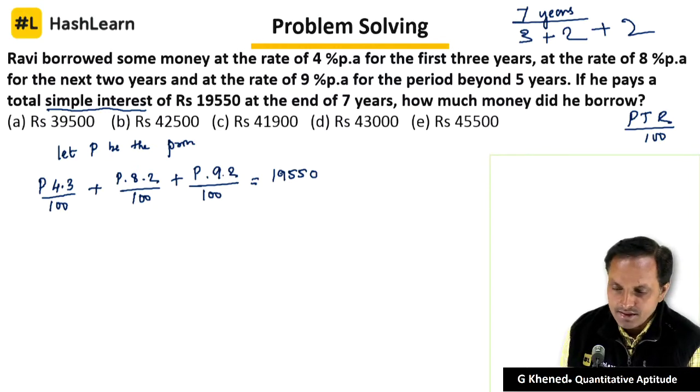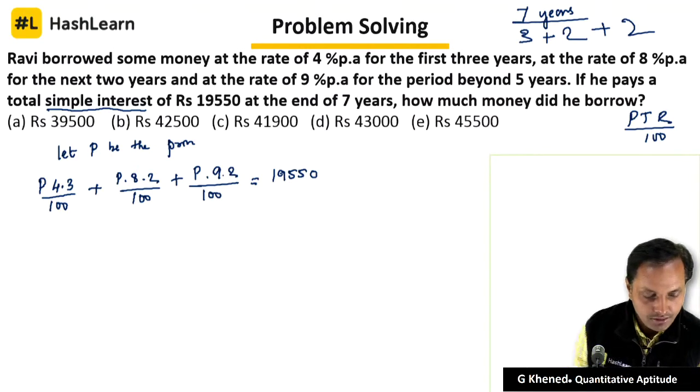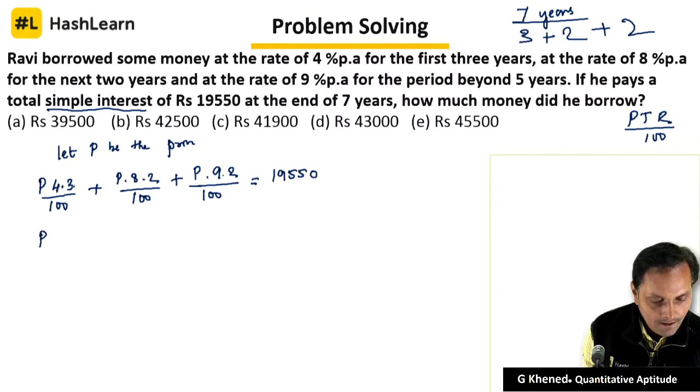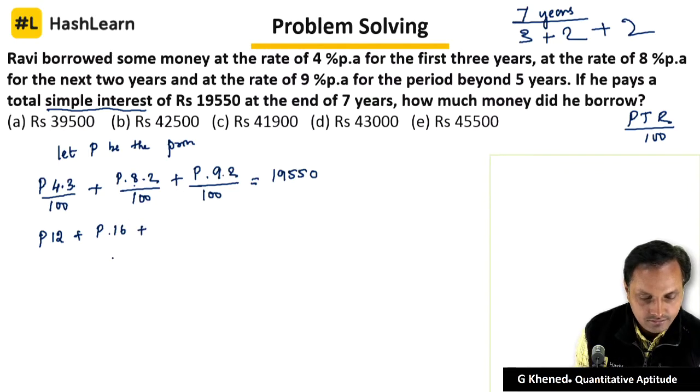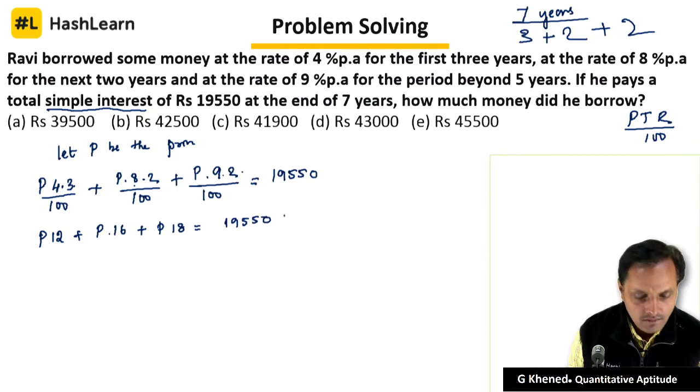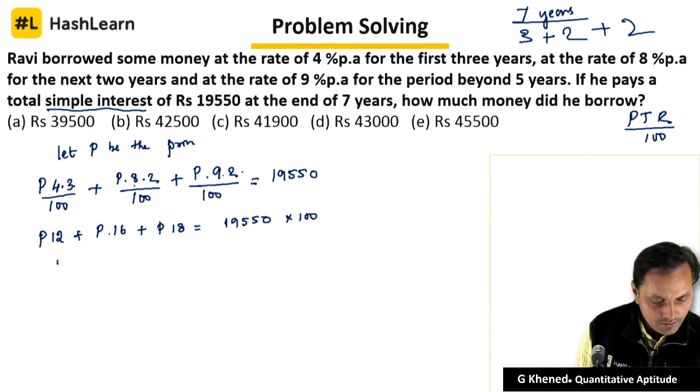Then it is a simple calculation which you need to do: 12, 16, 18. You can multiply this with 100, so 19,550 into 100.